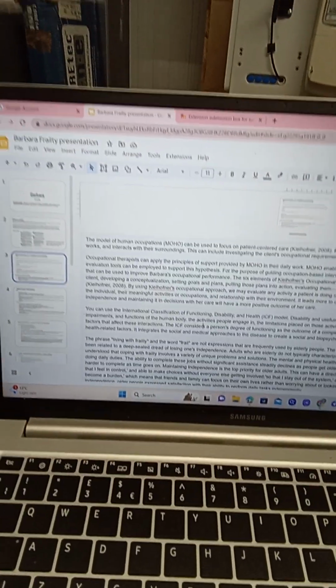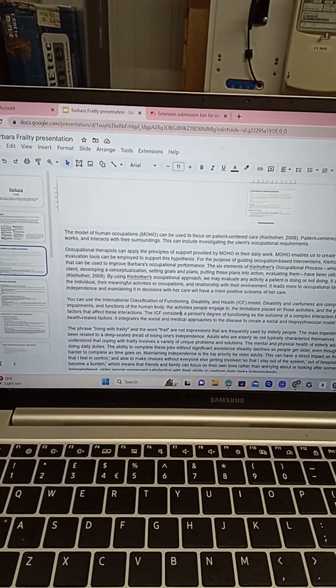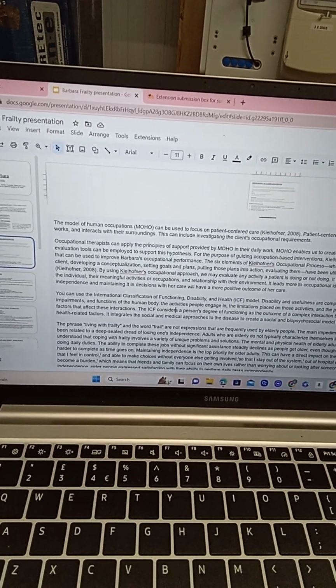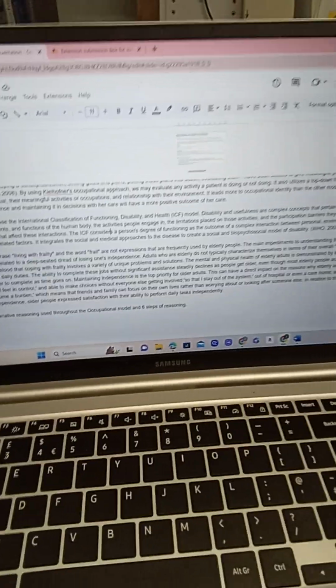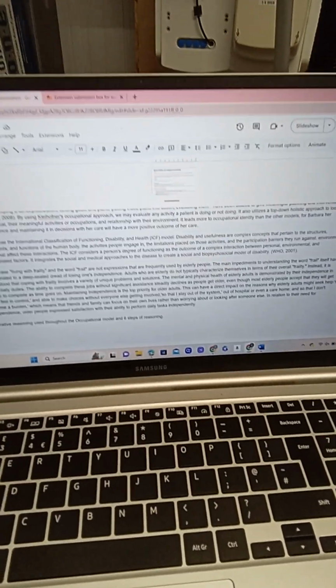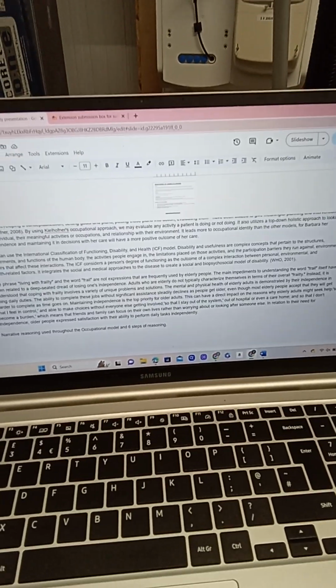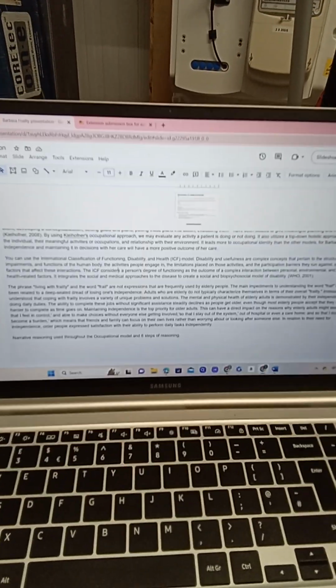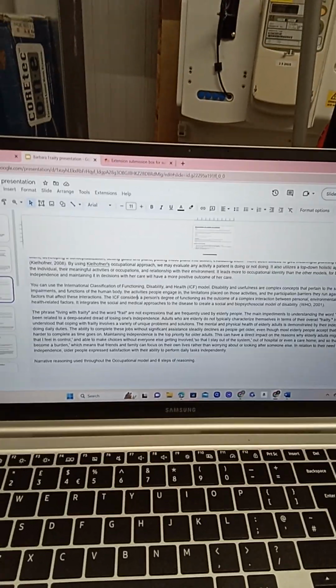Quite often, in the phrase of living with frailty, the word frail is not often expressed by elderly people. Adults who are elderly do not typically characterise themselves in terms of frail.